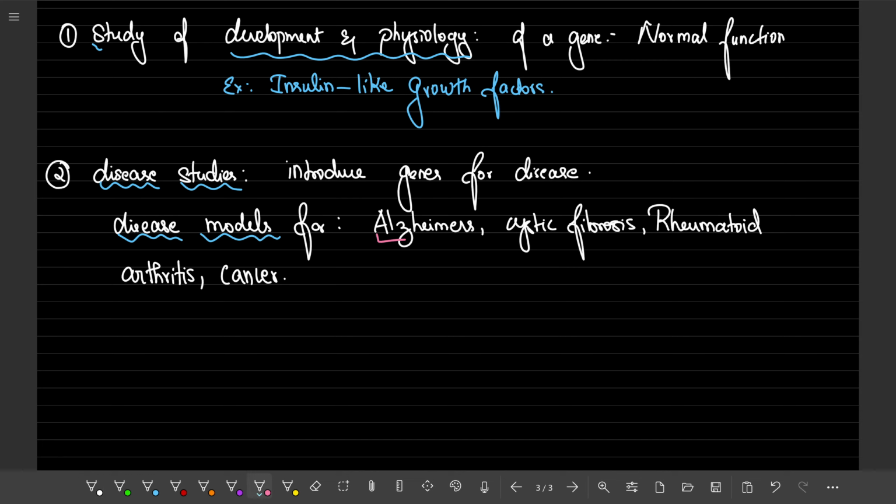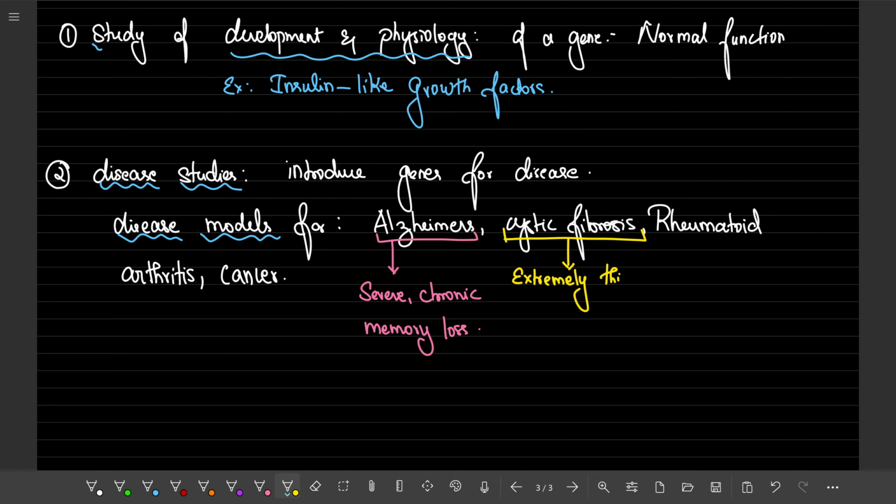What is Alzheimer's? What kind of disease is it? Memory loss. Okay, yes. So memory loss because of acetylcholine deficiency. Severe and chronic memory loss means it occurs over time. What is cystic fibrosis?